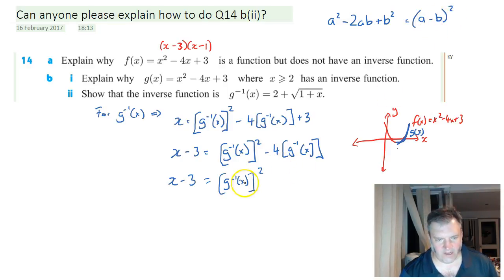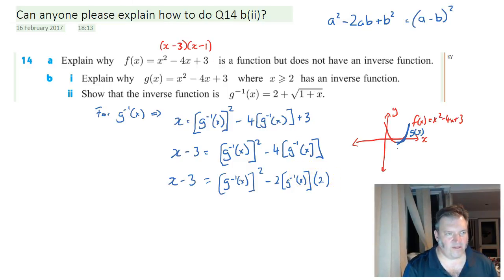So let's go ahead and do that. g negative 1 of x squared minus, let's rewrite this middle term in this form. So it's going to be 2 times g negative 1 of x. What's the other term? We've got the 2, we've got our a, b is the term I'm missing. It's still got to equal negative 4 times that, so it must be a 2 that I'm missing.